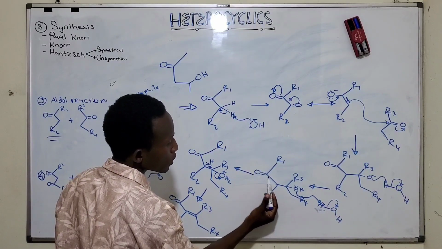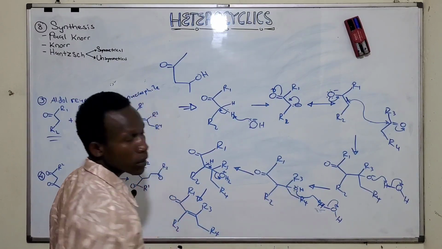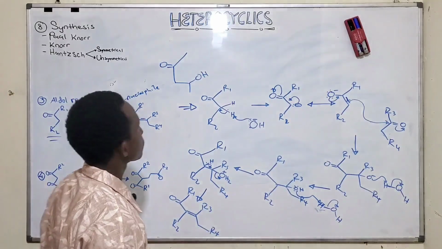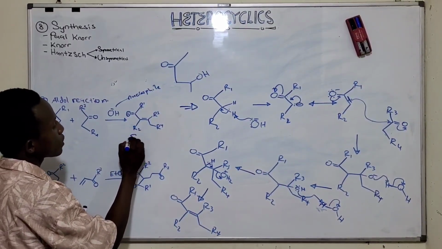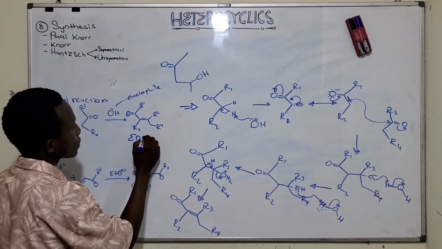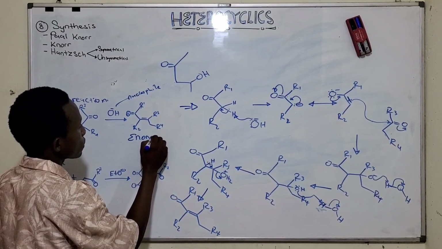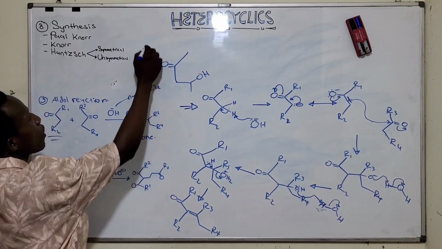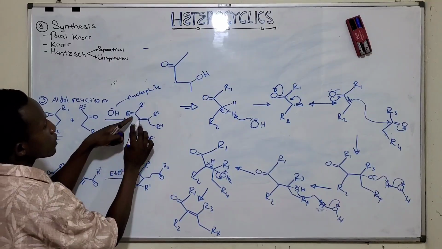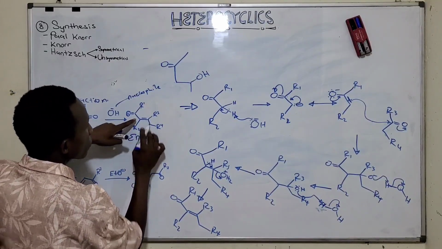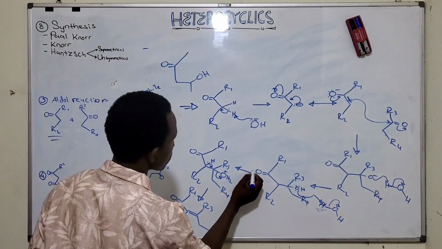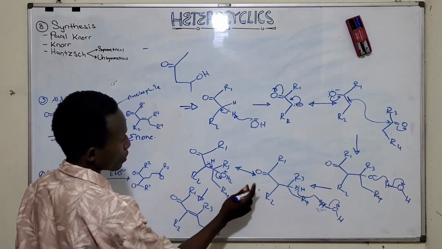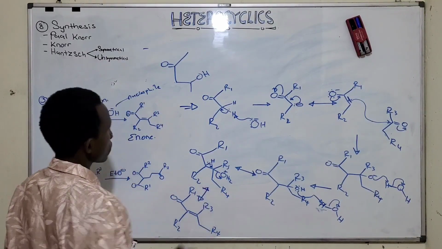So this carbon separates the ketone and the OH group. But it can continue to this. This is an enone. We have oxygen and the alpha carbon, then we form a double bond. So this reaction is reversible.